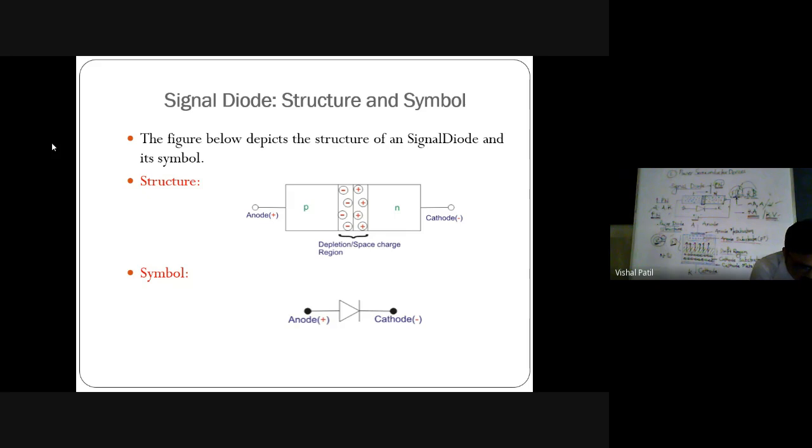Yesterday, and last week itself during my practical session, I asked what is the symbol of the power diode.